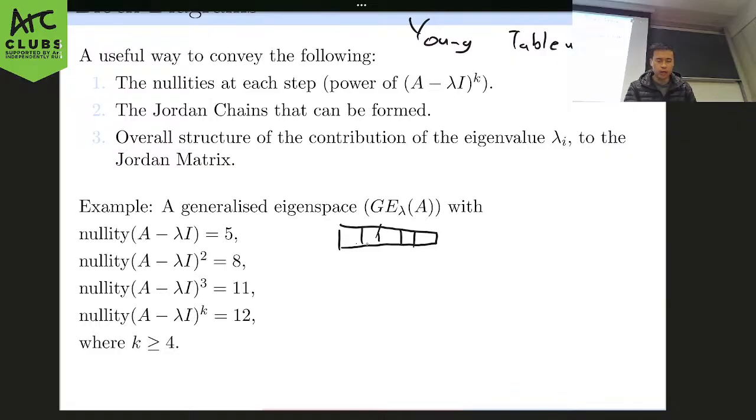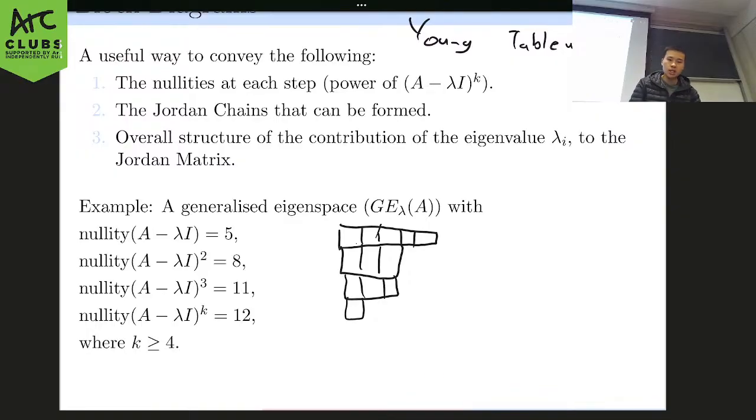Yeah, we do it going down this time. The nullity is 8, so it's the cumulative blocks at that point. We need to add 3 here, and then add 3 more to get up to 11. And then we get to 12 here, so one more.